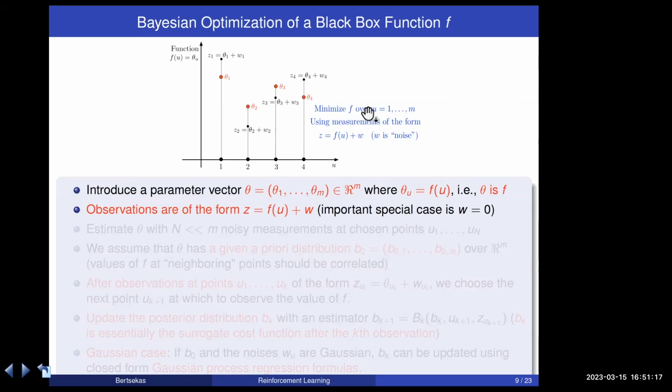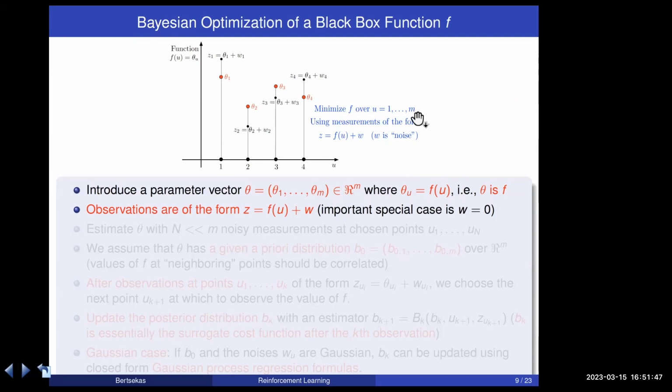The function is defined over m points, u equals 1 up to m. And we take as our parameter vector the values of the function at these m points, okay? Theta u is equal to f of u. So theta 1, theta 2, and so on. So theta, the parameter vector, is the function itself. It is the collection of values of the function.